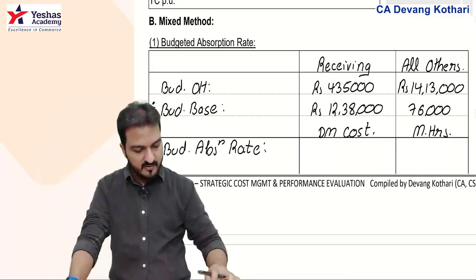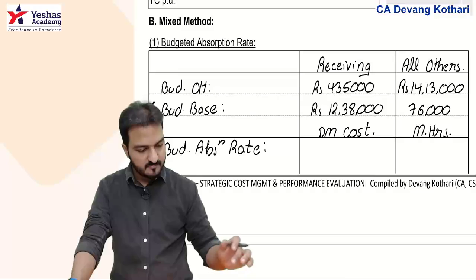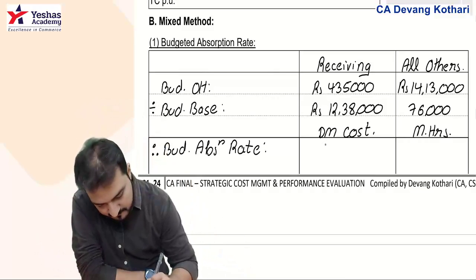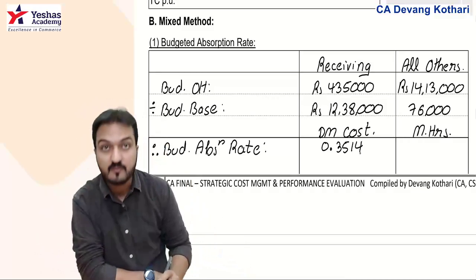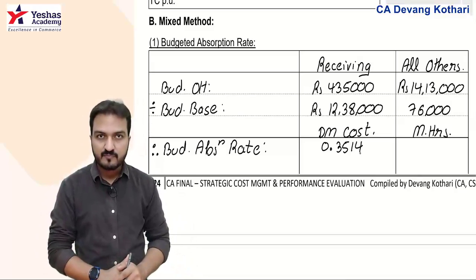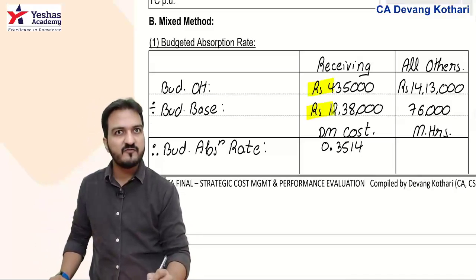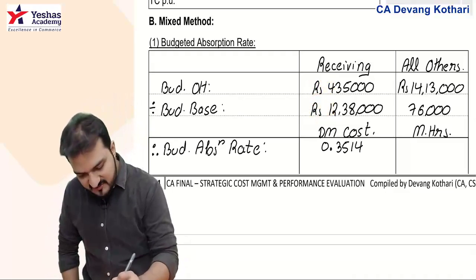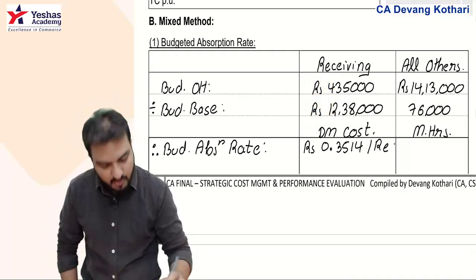For the receiving department, 4,35,000 divided by 12,38,000. Well, if you do that, it gives you 0.3514. But remember what I showed you in my revision yesterday, that if your absorption rate is made taking rupees divided by rupees, then it is not expressed in terms of rupees per rupee.